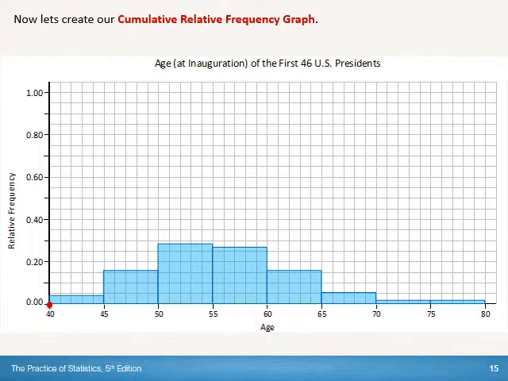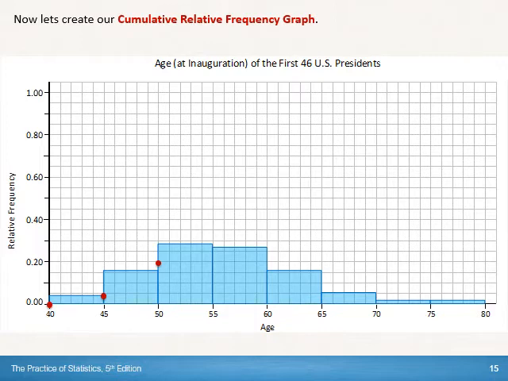And then if we go down the column for the cumulative relative frequencies, the next one is 4.3%, and this one happens to be the same as the relative frequency for that first class. And then they start diverging. The next one is about 19.6 or almost 20%. So we put a dot at 50 comma 19.6%.